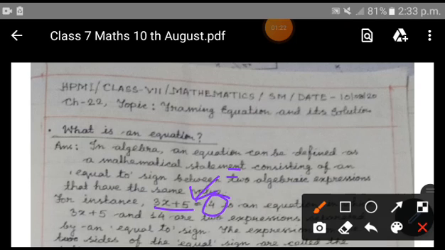That is what is stated in the definition, that an equal to sign will be present between two algebraic expressions. Got it? So this is the basic meaning or definition of an equation.